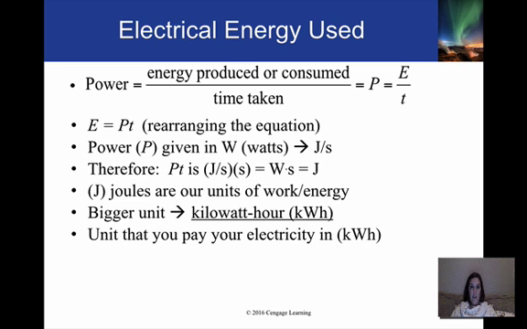We can also find electrical energy as well. To find electrical energy, we take the energy produced or consumed divided by the time. So instead of saying work, remember work is an energy. The power formula is work divided by time, so we can replace that with an E and say energy divided by time. So in this case, rearranging the formula, energy equals power times time.